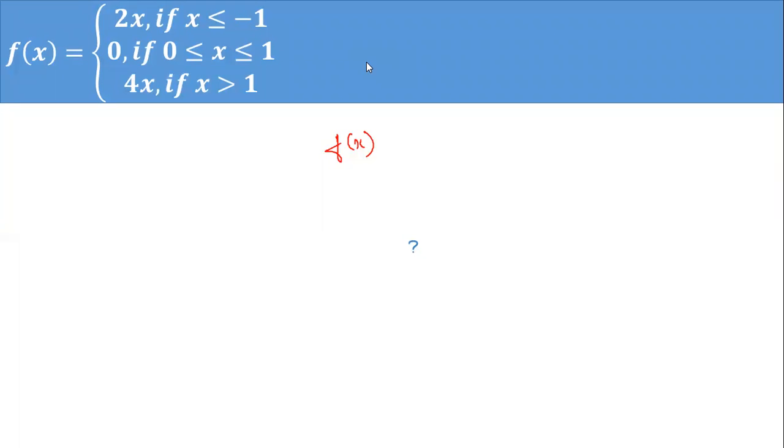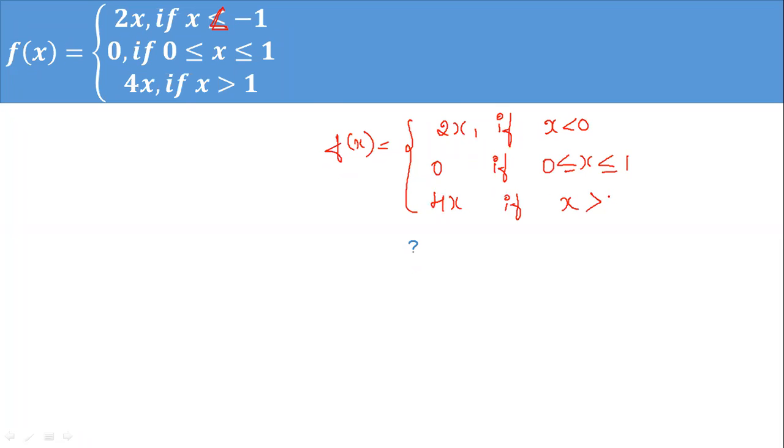You just correct it. It is 2x if x is less than 0. I'll write the question again. F of x is 2x if x is less than 0, and it is 0 if x lies in between 0 and 1, and it is 4x if x is greater than 1.